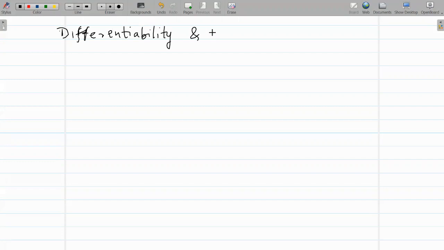So let's go ahead. Today's basic topic is differentiability, and the corresponding important thing is mean value theorems.